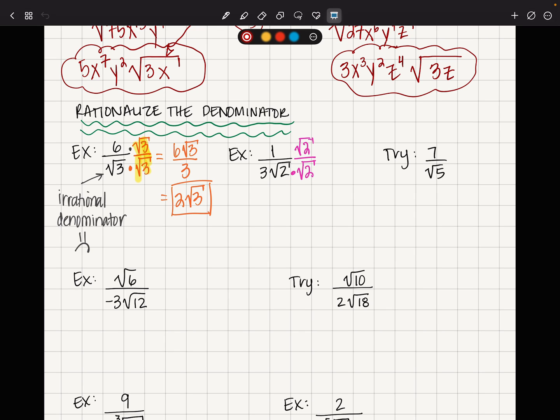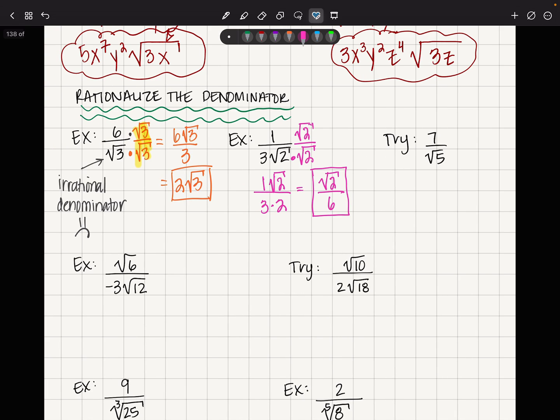The square root of 2 times the square root of 2 gives me 2 2's in a square root, and I'm looking for groups of 2 when I have a square root. So I'm going to take one of those 2's to the outside. So I get 1 times the square root of 2 in the numerator over 3 times 2 in the denominator. And that's going to be the square root of 2 over 6.